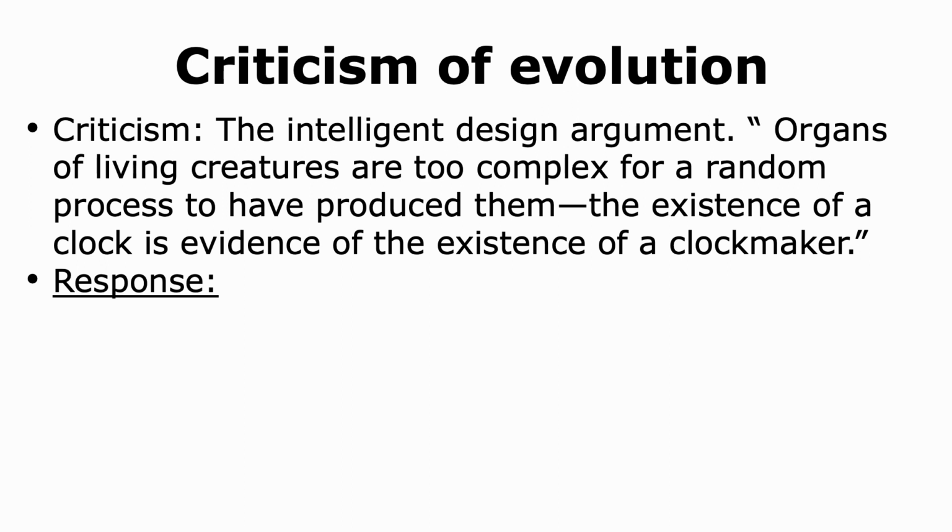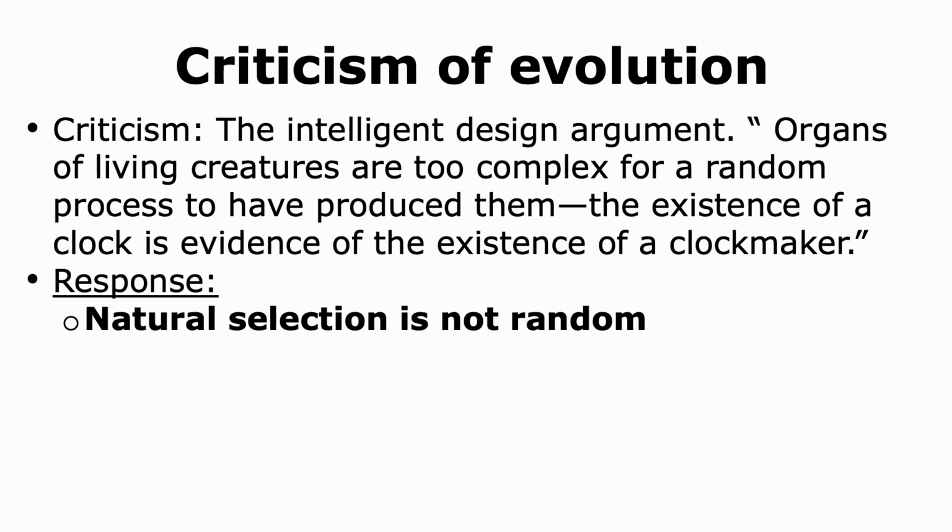Another criticism that is made is that the organs of living creatures are too complex for a random process to have produced them. If there is a clock, then there is evidence that there is a clockmaker. The response to this is that natural selection is the driver of evolution, but natural selection is not random.